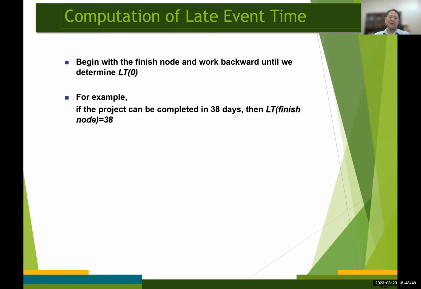For example, if the project can be completed in 38 days, then the latest time for the finish node automatically becomes 38, okay? And then we start the backward computation from the finish node.